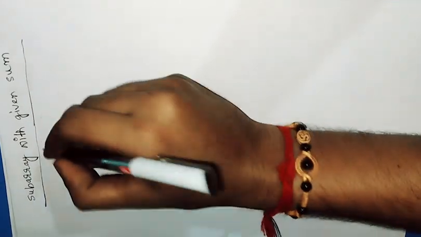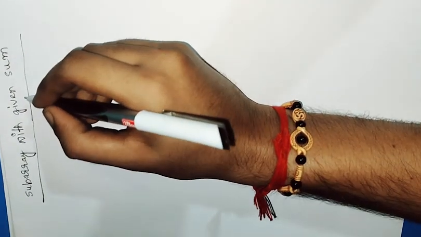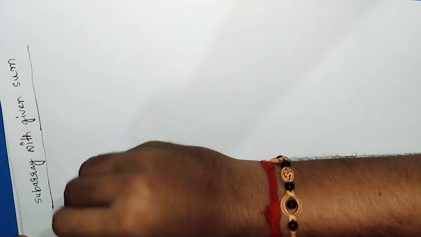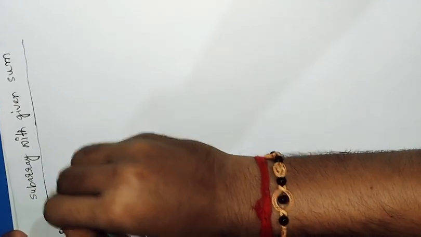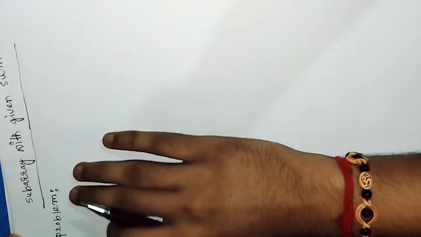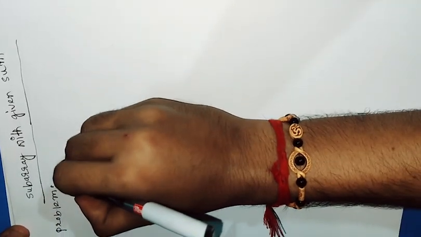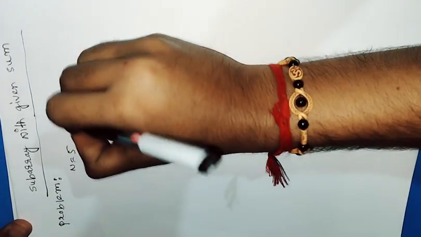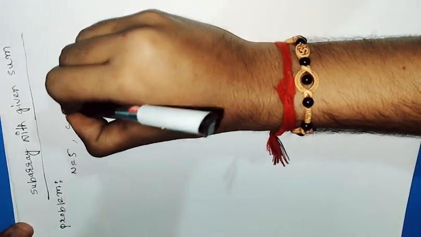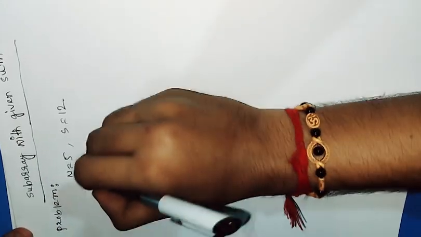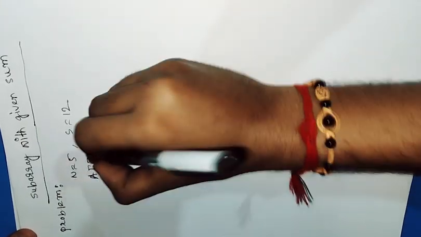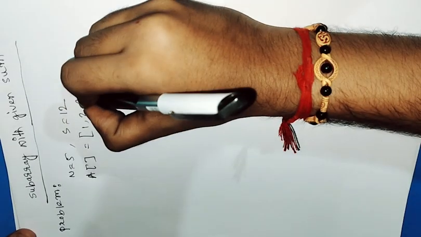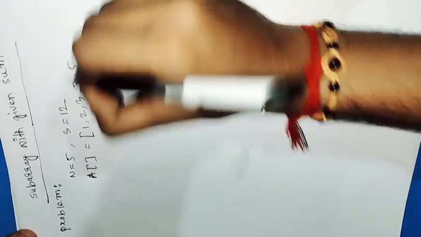So our problem is subarray with the given sum. First, I need to write down the problem. Here n equal to 5, s equal to 12, and array equal to 1, 2, 3, 7, 5.